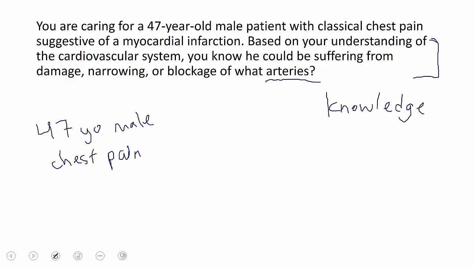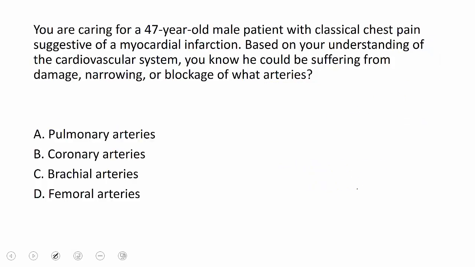Now, somebody who might be having a myocardial infarction, we already know what type of arteries get blocked during this, the pathophysiology of this condition. Well, it's the coronary arteries. So we'll keep that in mind and now look at the answer choices. All right, so scanning through, we see it right there. Exactly what we thought of. Coronary arteries is the correct choice.